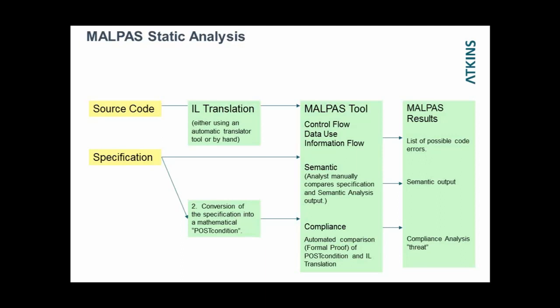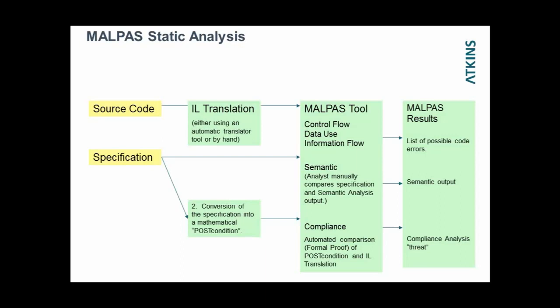The other two analysis tools in the suite are called the semantic analyzer and the compliance analyzer. These are the ones which actually do the functional analysis for you. So it's checking that the code and the specification are consistent. The semantic analyzer is the easier one to use.